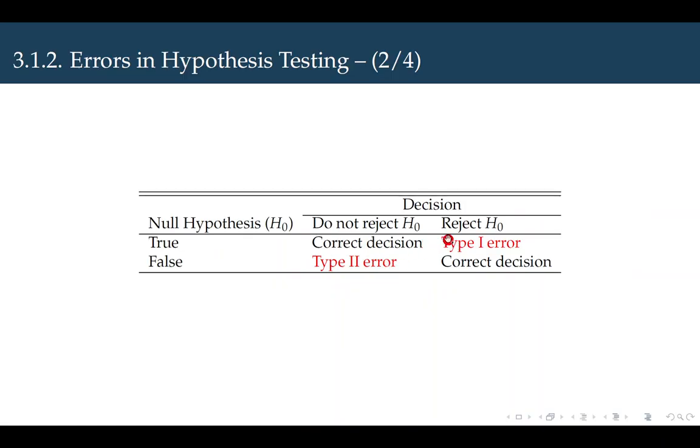Therefore, we have these two types of errors. Type 1 error, which is a rejection of a true null hypothesis, and type 2 error, which is failing to reject the null hypothesis which is actually false, or not rejecting a false null hypothesis.